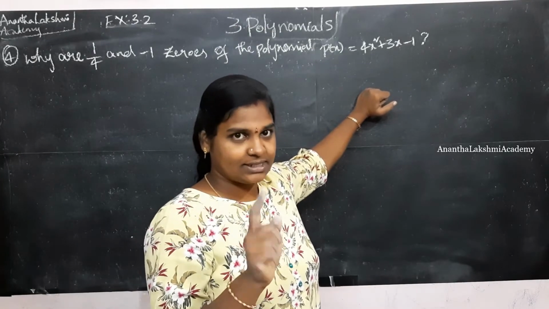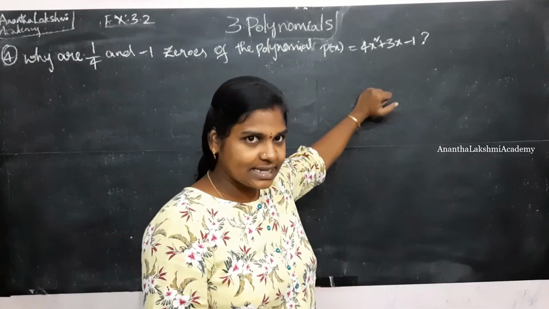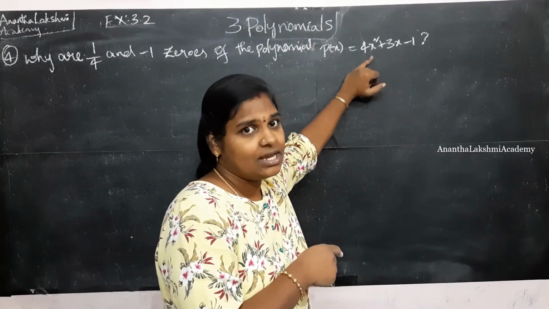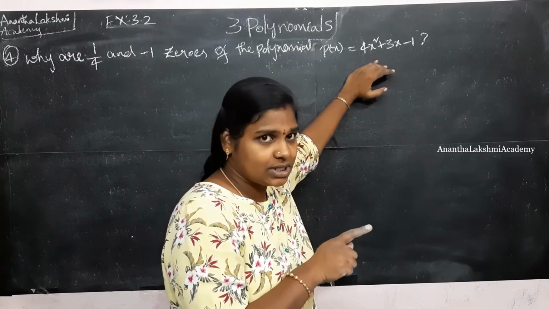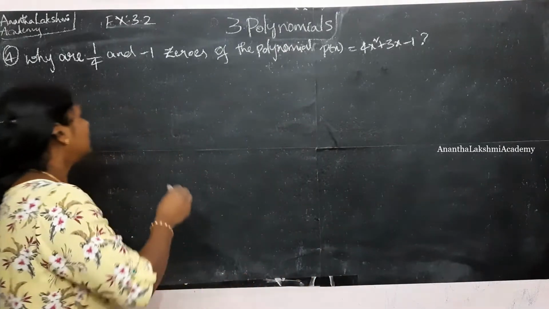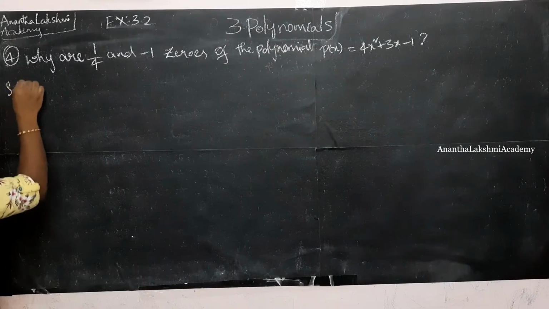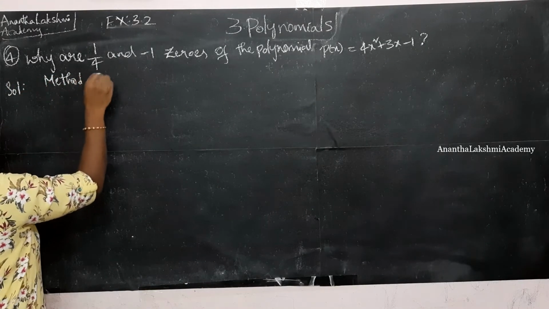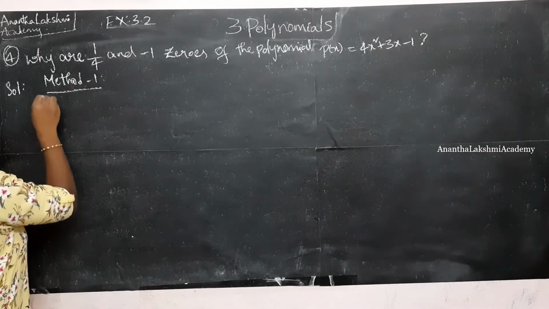That is one case. Or the second case is by extracting the factors of this and equating p of x is equal to 0. That way also we can find. So let's solve this. First I am going to teach you method 1, which is factorization.